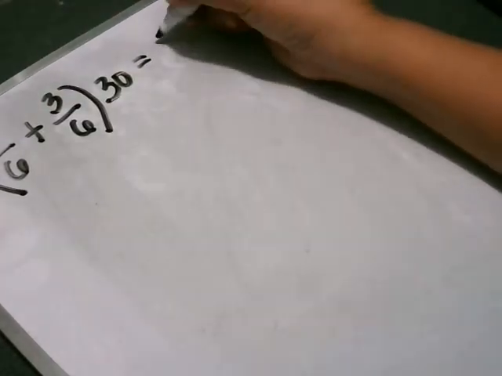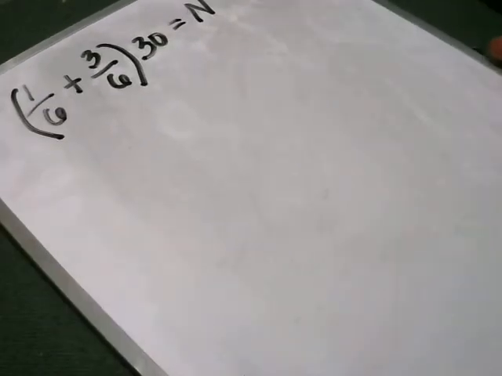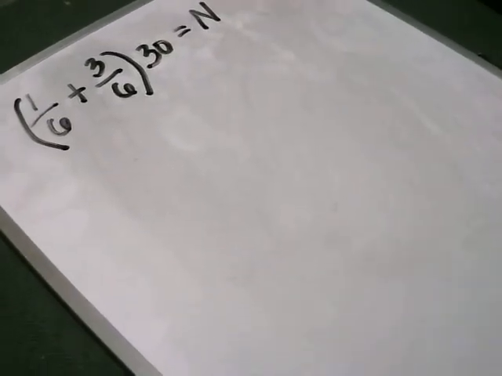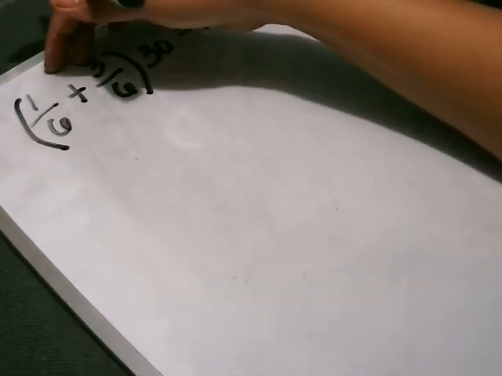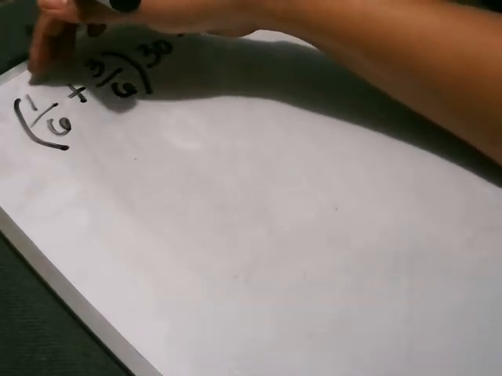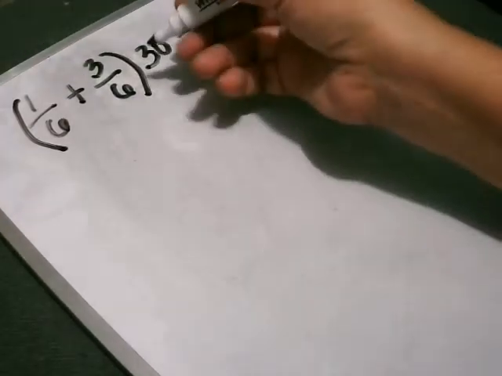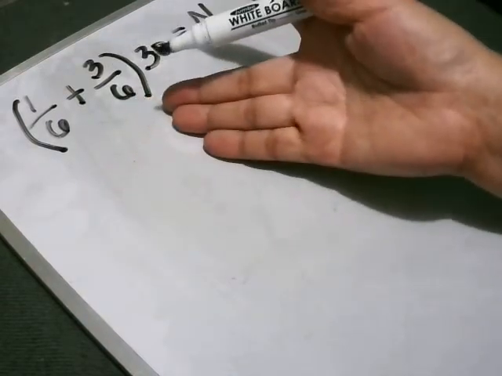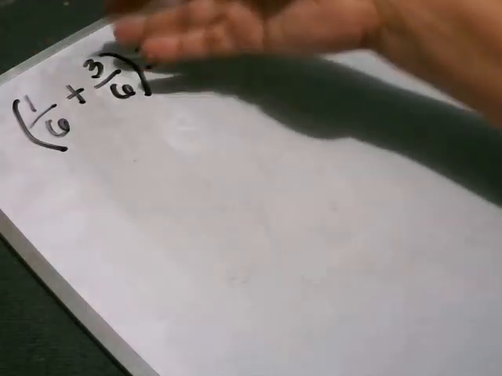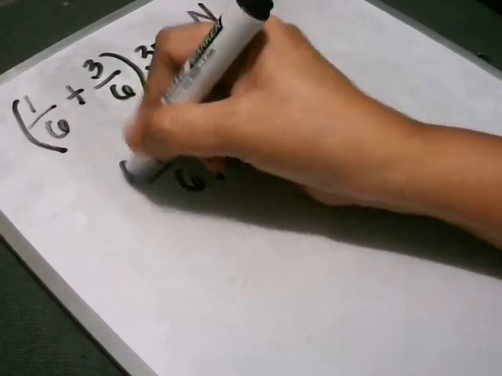So we have n as our answer, which is unknown. Okay, so first of all, we recognize that these fractions are similar. So it is easy for us to add because they are already similar. So do this first, the operation inside the parentheses. 1 plus 3 equals 4/6.